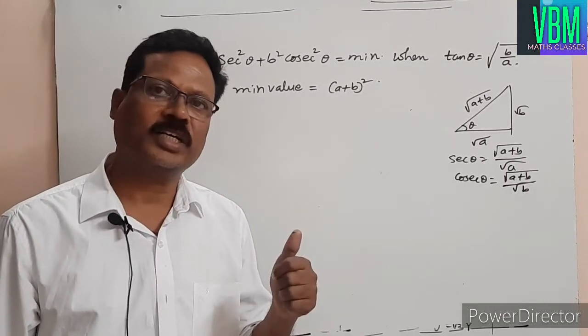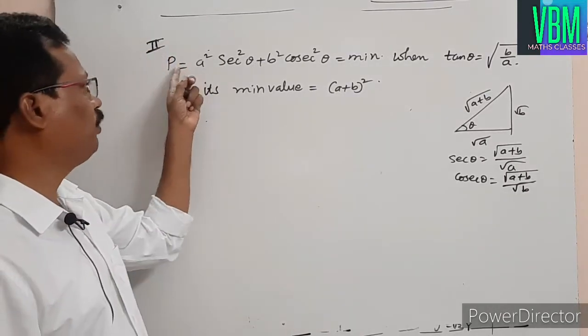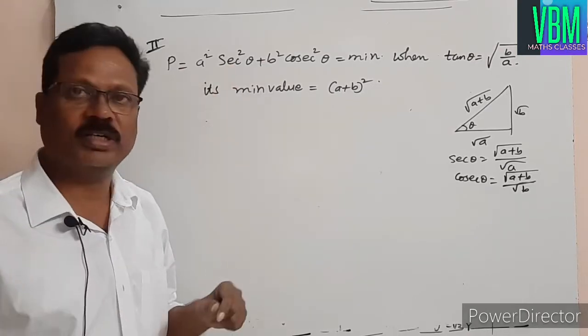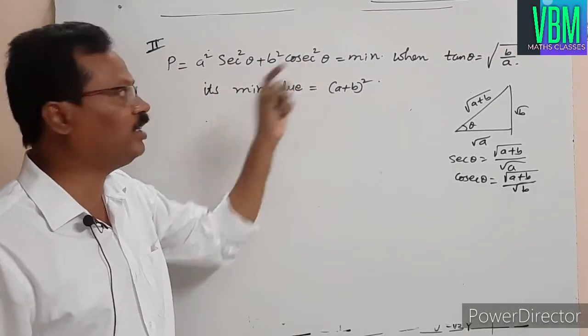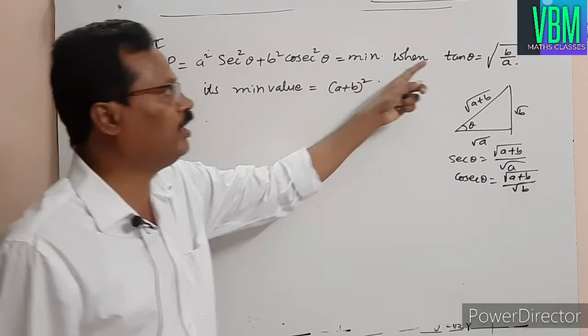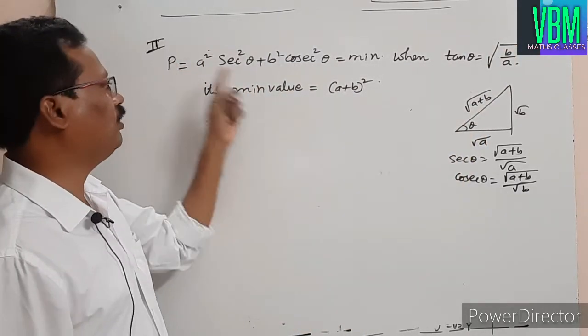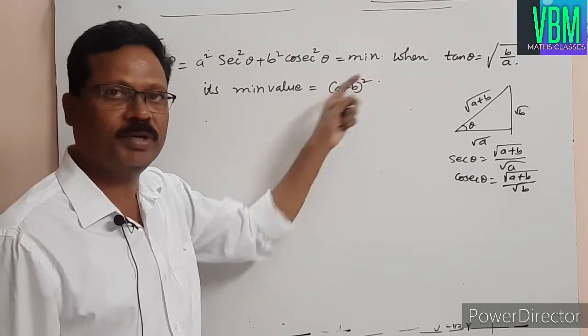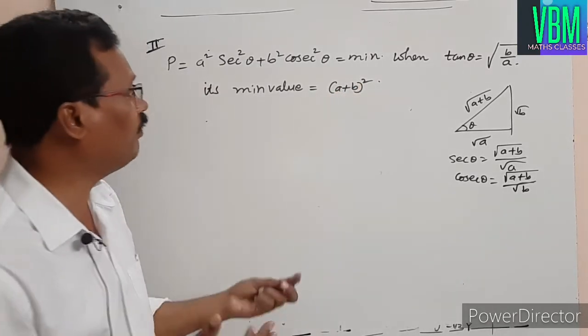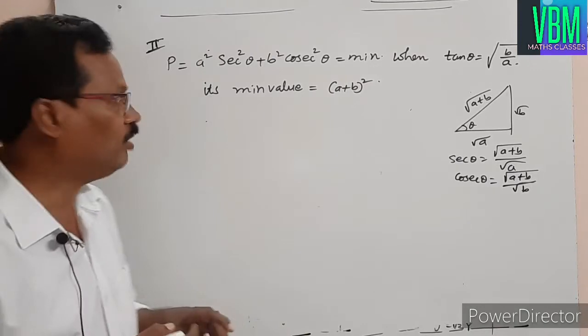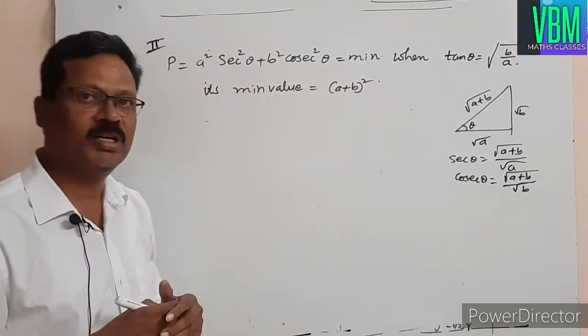Now see the second shortcut. Here, p is equal to a square sec square theta plus b square cosec square theta, which is minimum when tan theta is equal to under root of b by a, and the minimum value of p is equal to a plus b whole square. Now how do we get this solution? This is in terms of the theta variable.